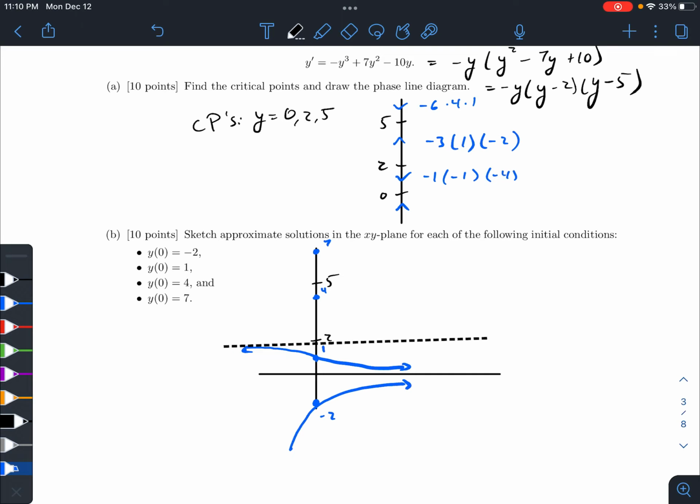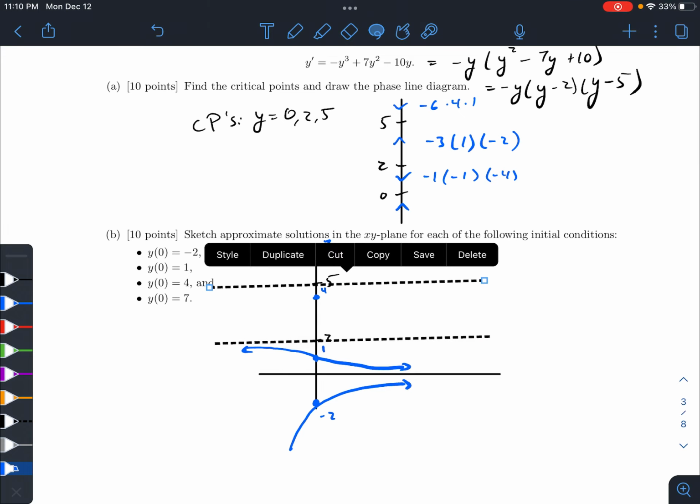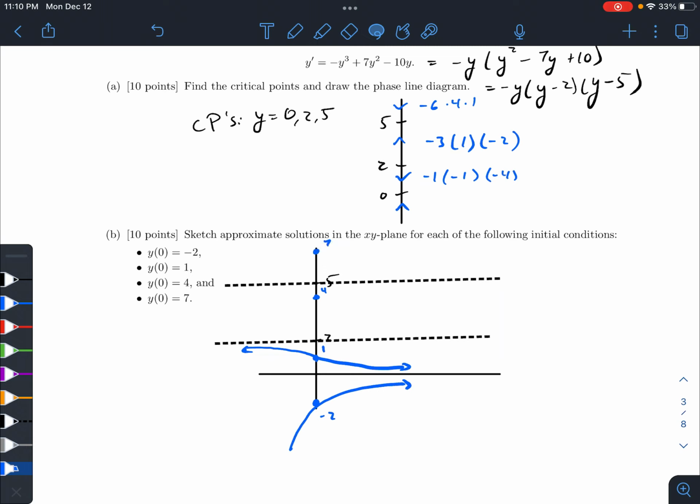And maybe I should draw a dotted line over here. Put one up here as well. At 4, it'll be similar. It's sloping upwards here, and then it's sloping downwards at 7, so it should be something like this.